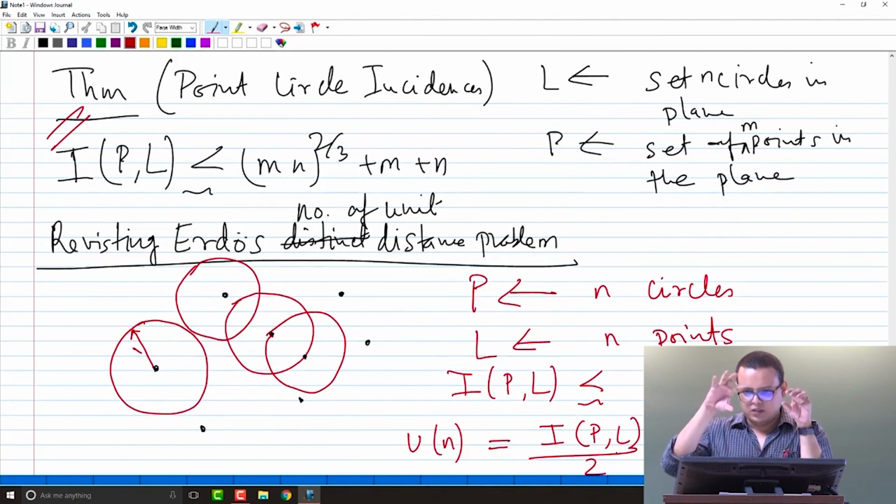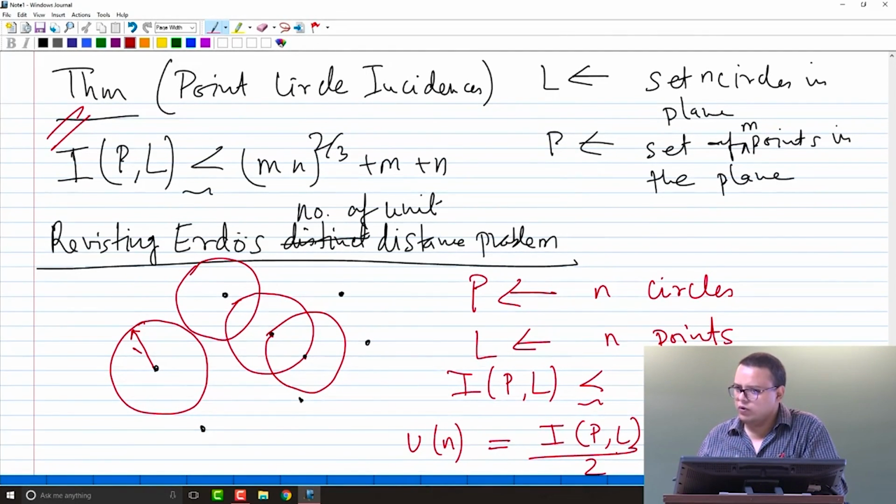It is counted twice. And similarly, there is nothing to argue, this itself is the proof, which says that the number of unit distances in this point set is exactly equal to I of p comma L by 2.